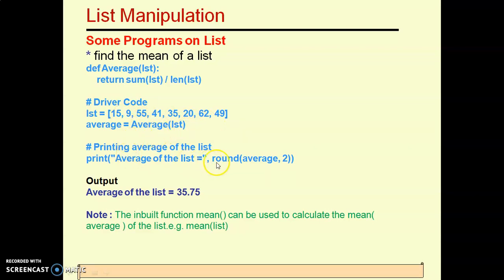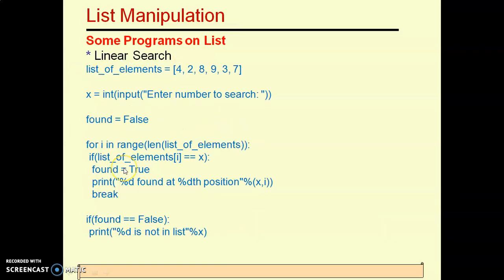Now print average of the list is round average comma 2, meaning I will take up to 2 decimal places, so my answer will be 35.75. Now note that there is an inbuilt function to calculate the mean of a list, for example mean of list, right? But we will not use it.